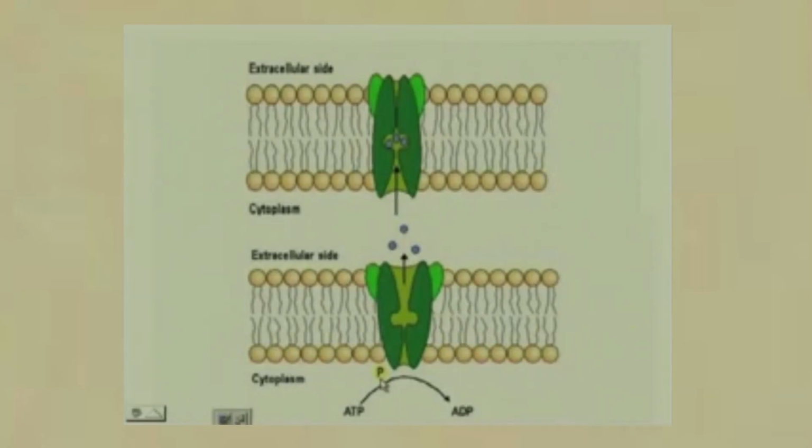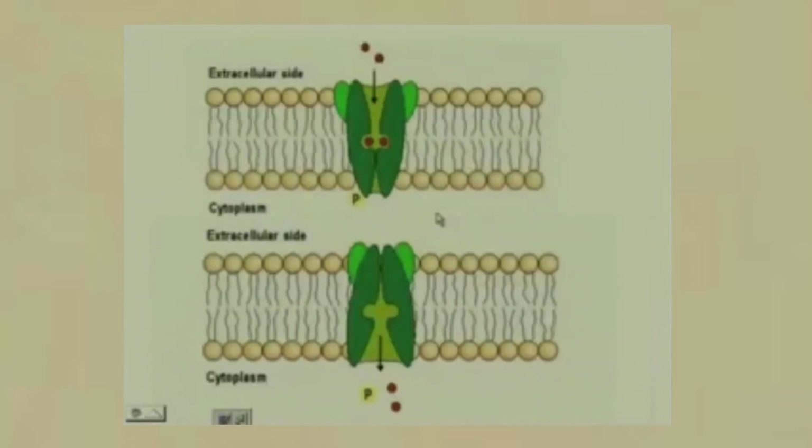So, we have an energetic procedure that has to occur here, that is going to release the 3 sodium ions to the outside of the cell. Now, for this protein to get back to where it was, it has to come back to this conformation. It is now an open conformation, and it has released the sodium ions that were bound to it.